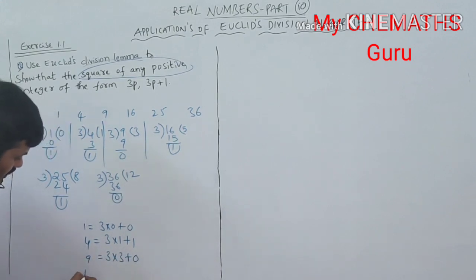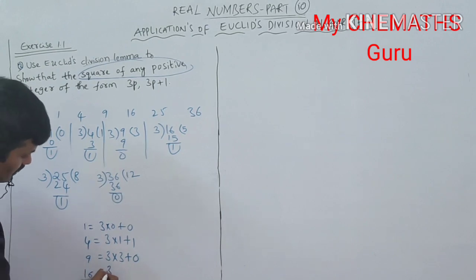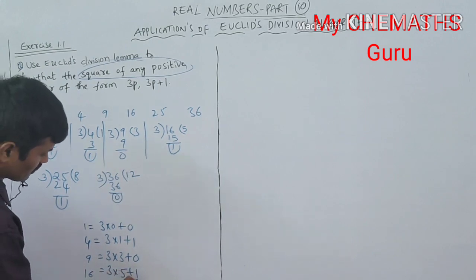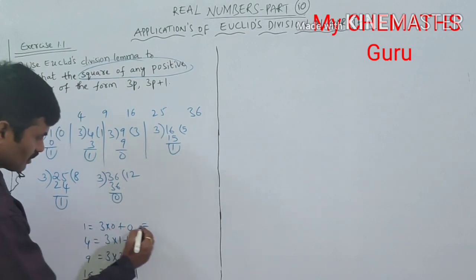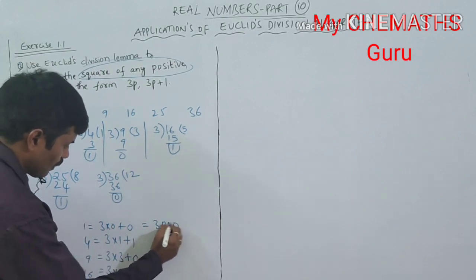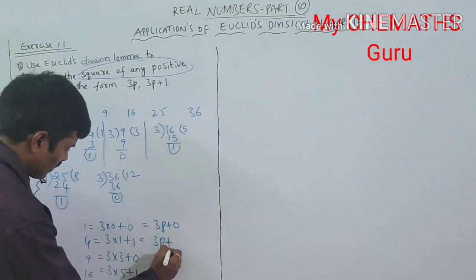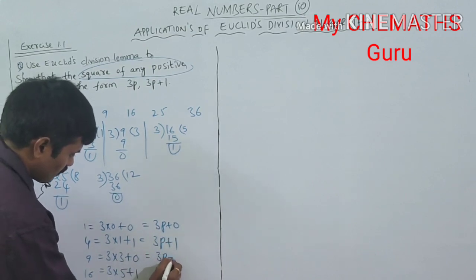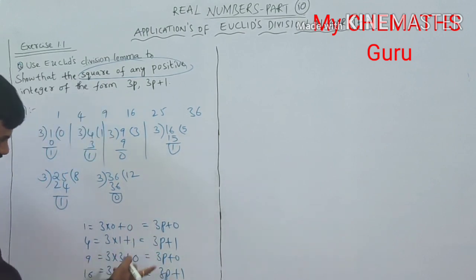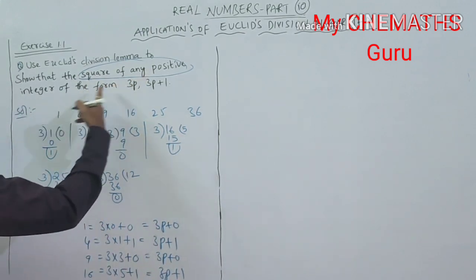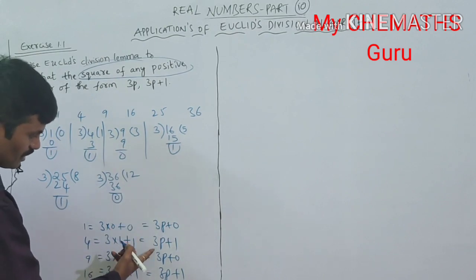The next perfect square 16 is 3 into 5 plus 1. If you take 0, 1, 3, 5 as p, this can be written as 3p plus 0, 3p plus 1, 3p plus 0, 3p plus 1. By this what you understand? The square of any positive integer is of the form either 3p or 3p plus 1.